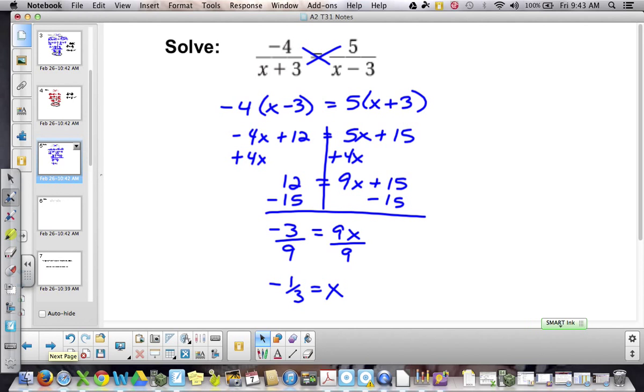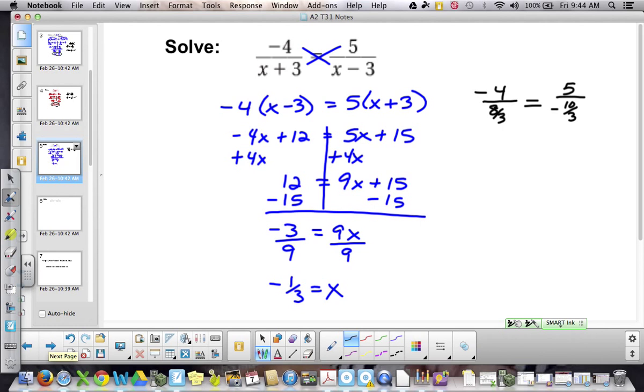All right, going back and checking it, we've got negative 4 over negative 1/3 plus 3, which is 2 2/3, so that's 8/3. Equal to 5 over negative 1/3 minus 3, so that's negative 10/3.